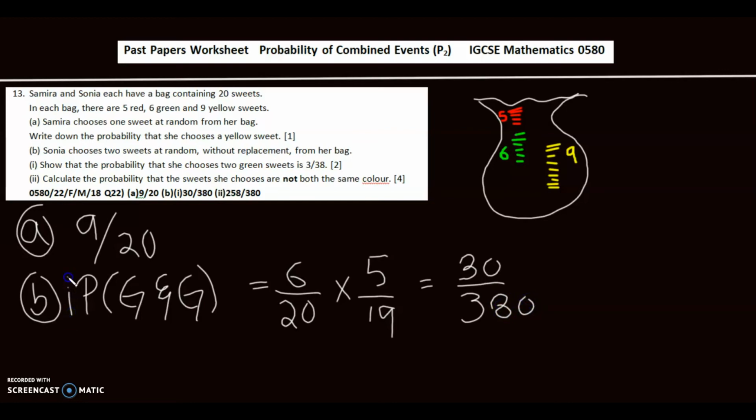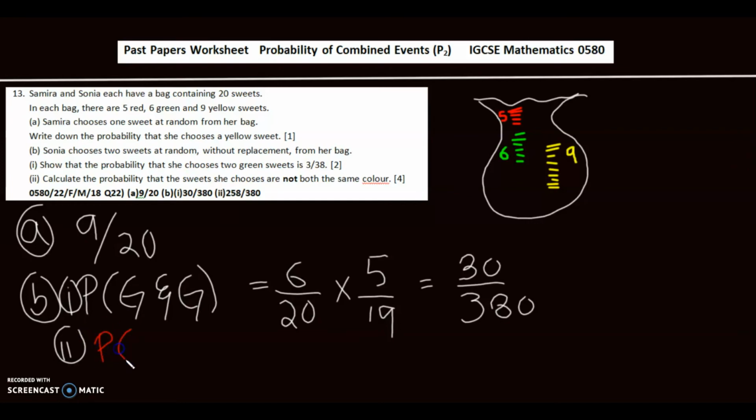This was part 1. Part 2, calculate the probability that the sweets she chooses are not both of the same color. That means it can be red green or green red or red yellow or yellow red or green yellow or yellow green. So I have multiple possibilities.